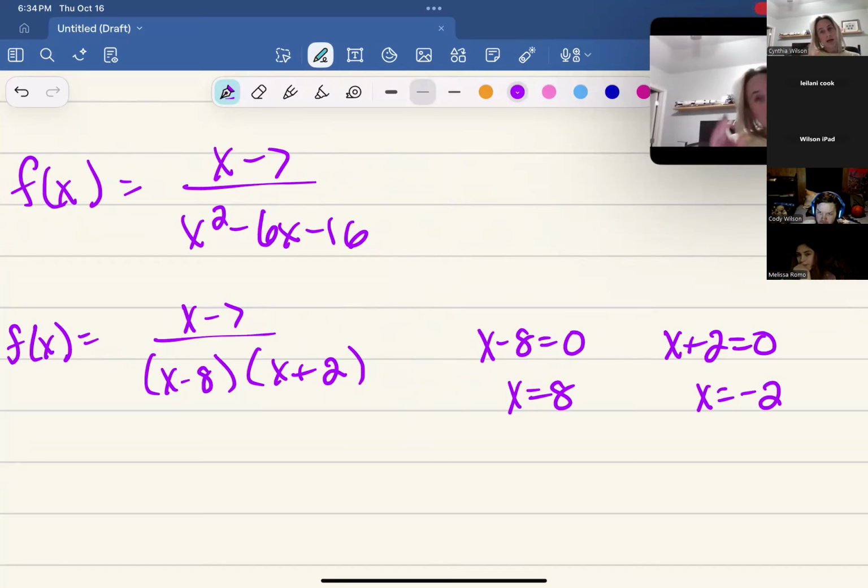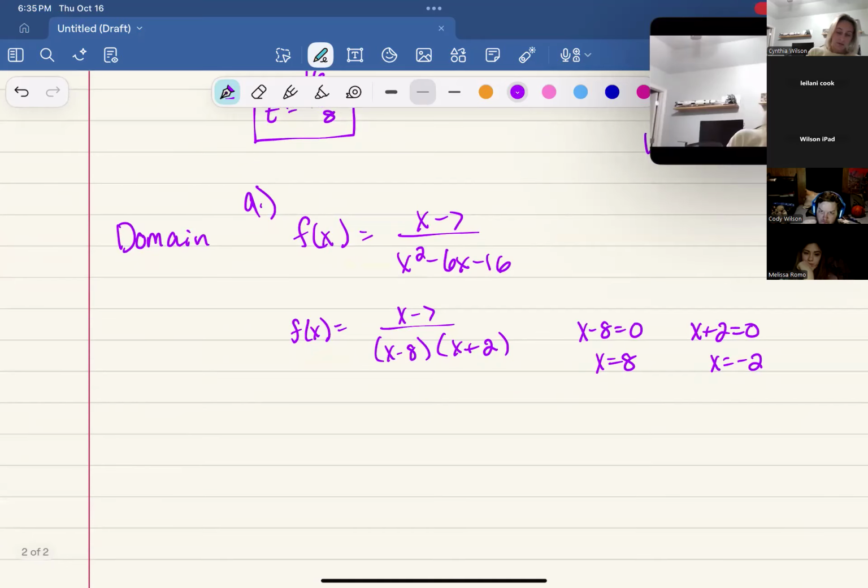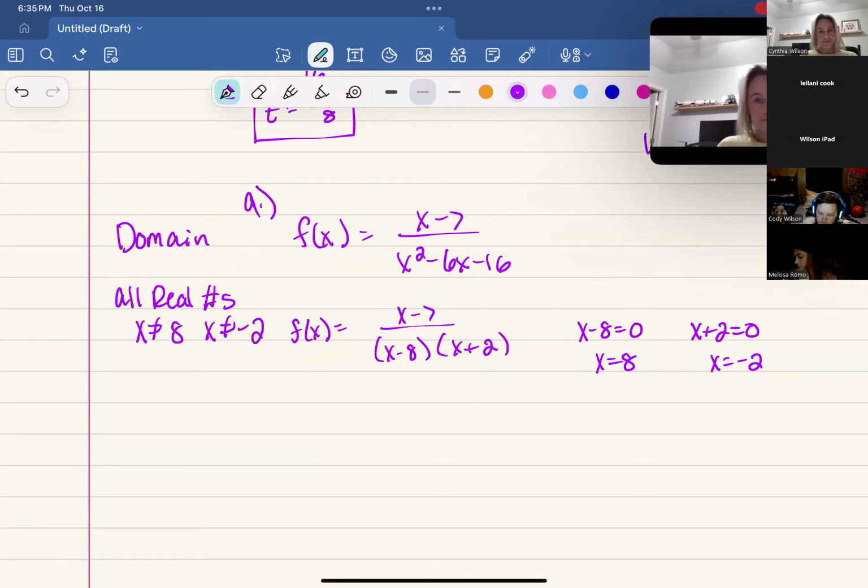So both of these values, the 8 and the negative 2, represent a place where there's a vertical asymptote, where it's undefined, where the x does not exist. So the domain is all real numbers, but x can't be 8, x can't be negative 2.